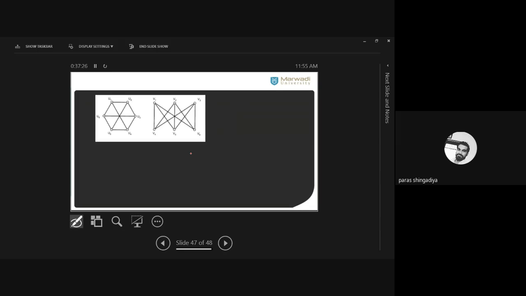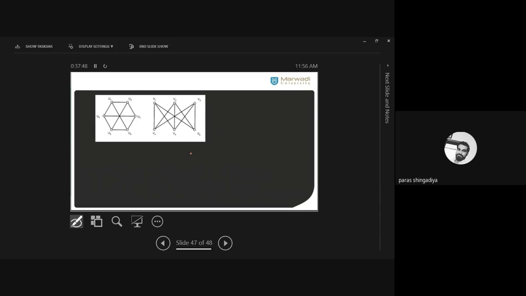Now try it for this one. Okay, both have 6 vertices. How many edges? 9 edges. Okay.